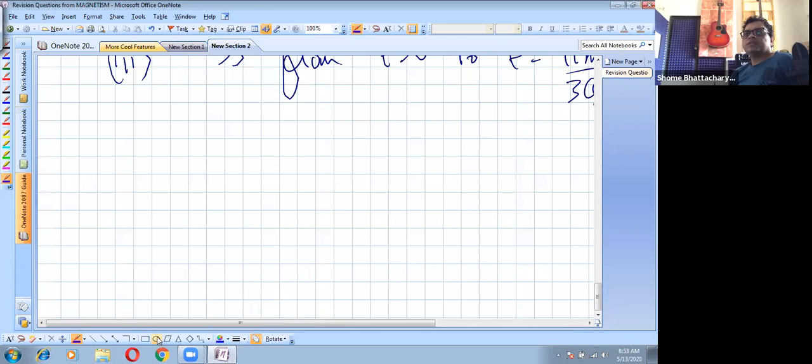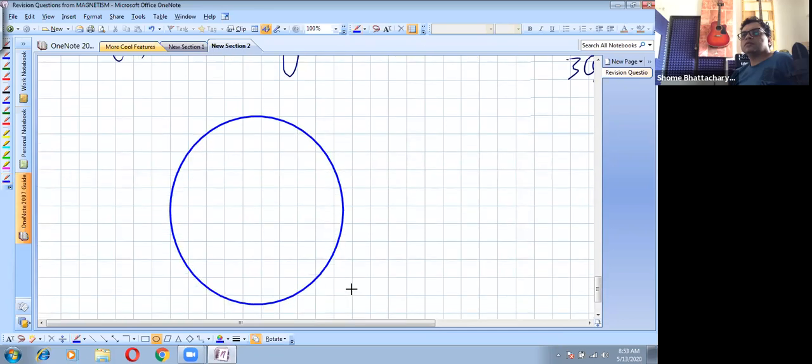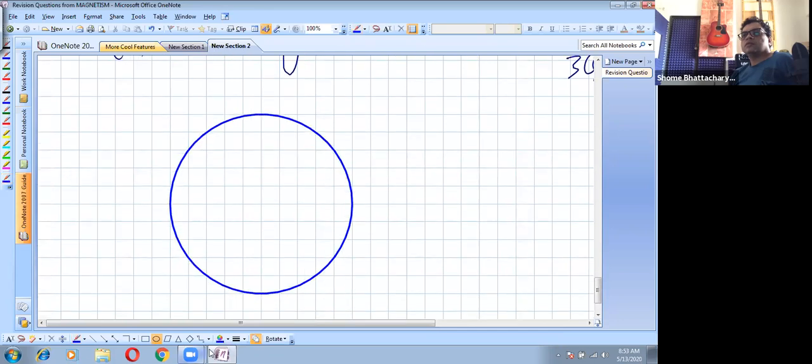what is happening is that the circular motion part is like this. Not a very well drawn circle, but doesn't matter.